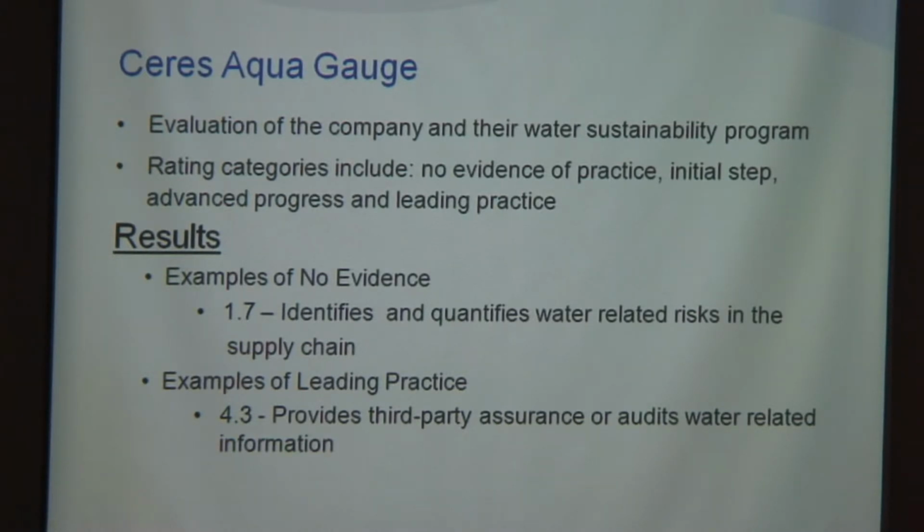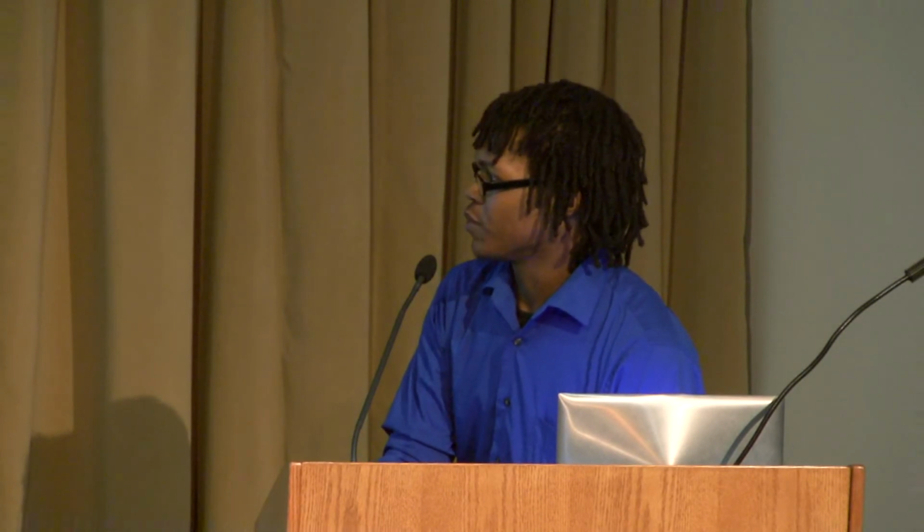For no evidence, unfortunately, there was identifying and quantifying water-related risk in terms of supply chain, and for leading practice, which was a good one, it was providing third-party assurance or audits of water-related information.